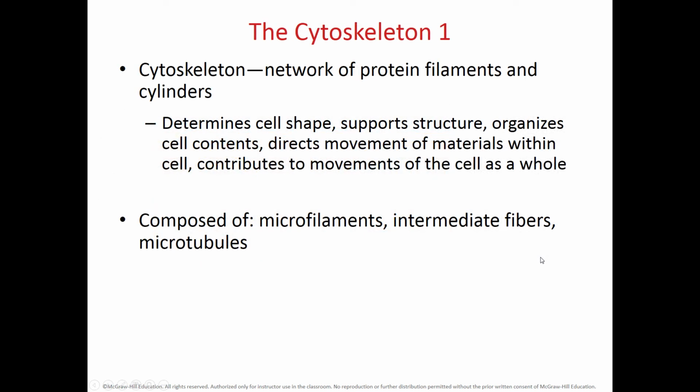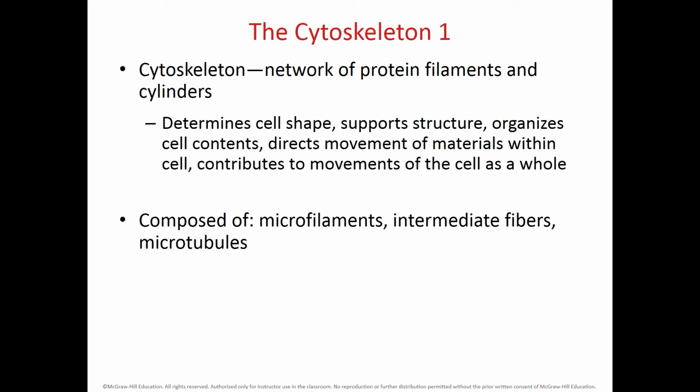Now, another component of the plasma membrane, now that we are done with the transport mechanisms, is the cytoskeleton. The cytoskeleton is a network of protein filaments and cylinders that helps the cell to have a particular shape, to support the structure of the cells, to organize the contents of the cells, to direct the movement of materials within the cells, and also to make the cells move by the creation of pseudopods.